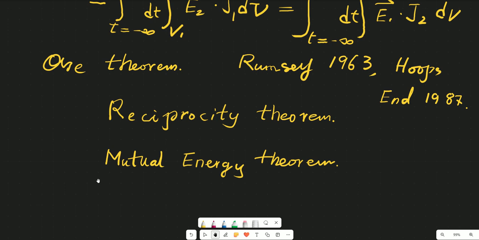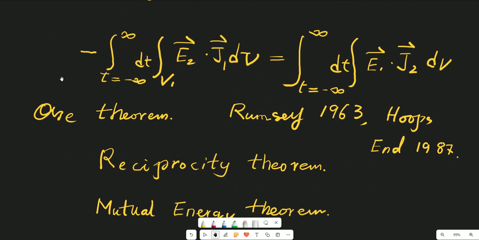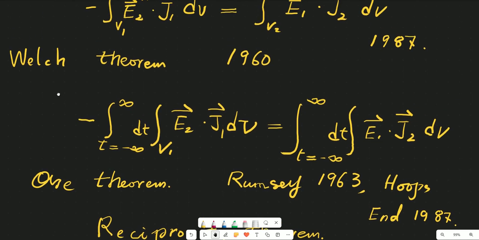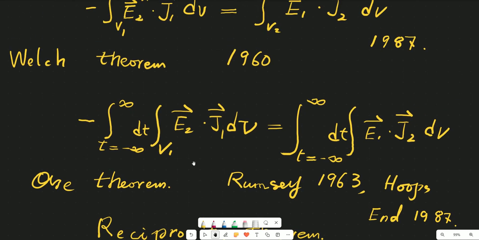Calling it the mutual energy theorem means I think of the two different currents, current 1 and current 2, as both physical quantities.